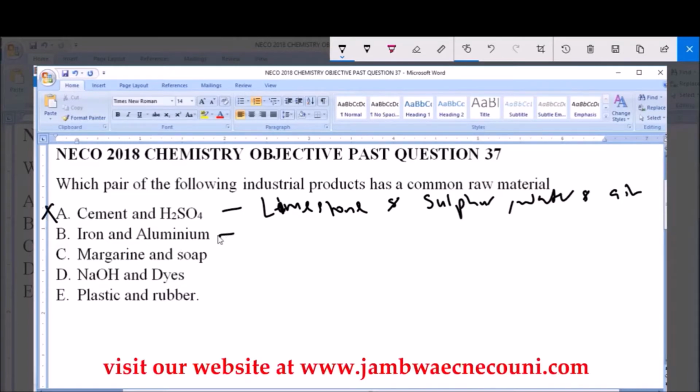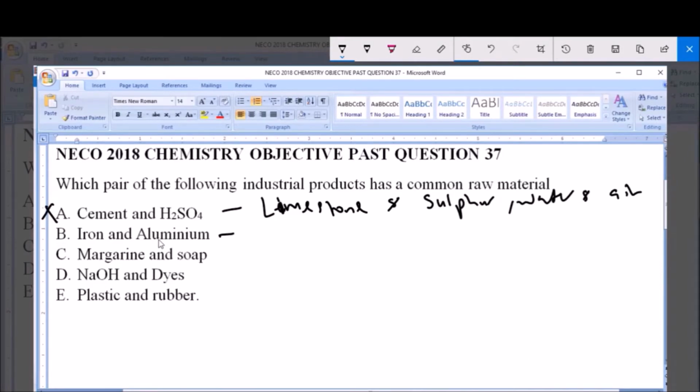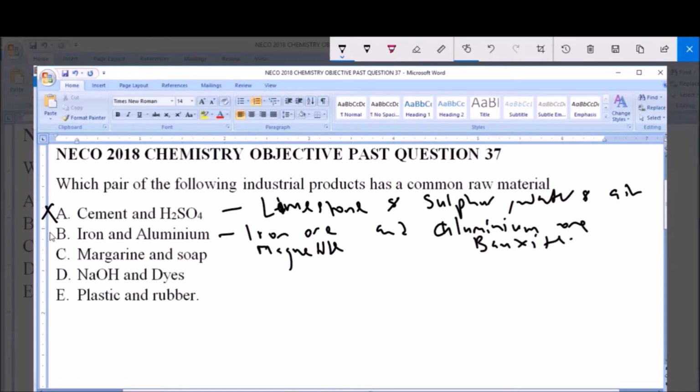Both of them are made using ores, but the ores of iron are different from the ores of aluminium. An example of an iron ore is magnetite. An example of an aluminium ore is bauxite. So you can see that these ores are not the same, so their raw materials are not common, so it is not the answer to the question.